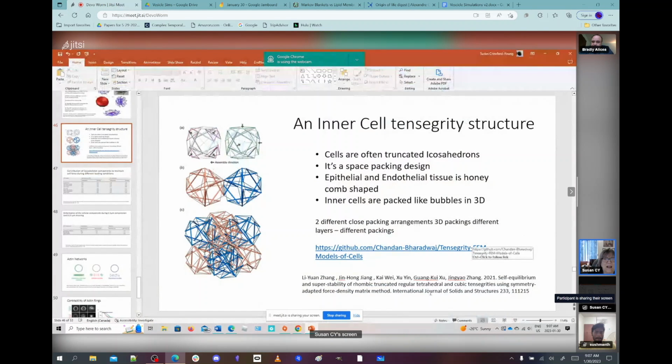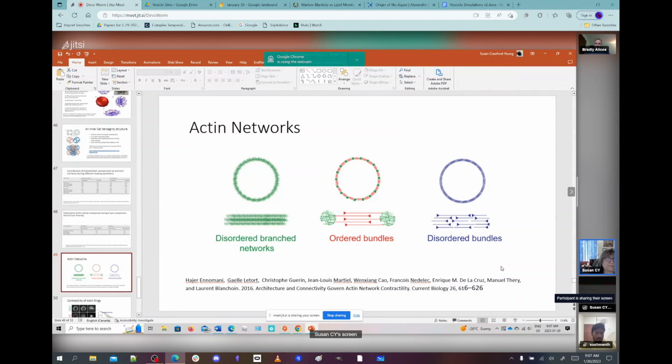I added the GitHub to this, and I didn't find much more, but I did find this with actin networks. So I put some actin network stuff in here. Okay. So you have disordered, ordered, and disordered bundles.